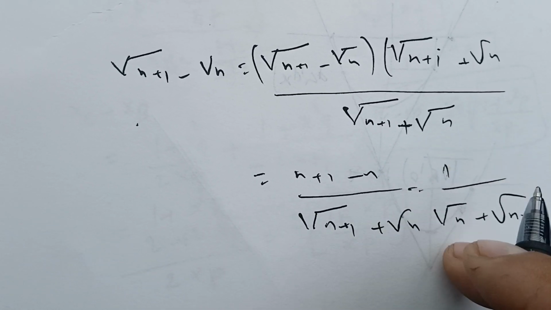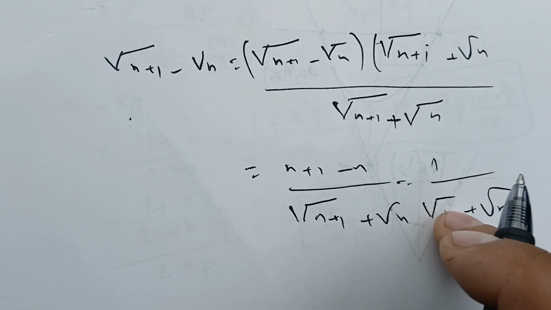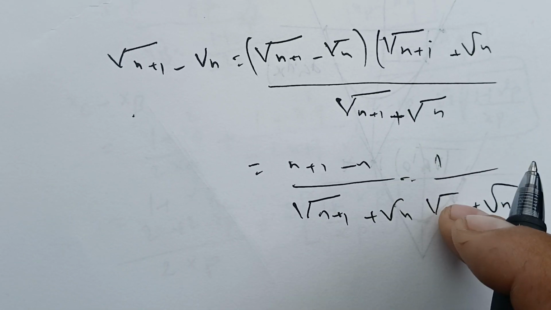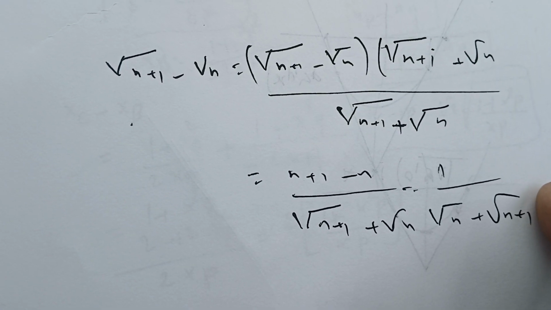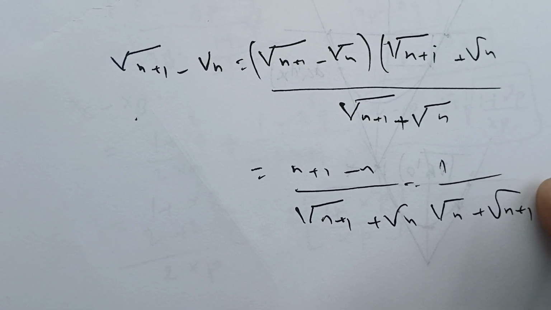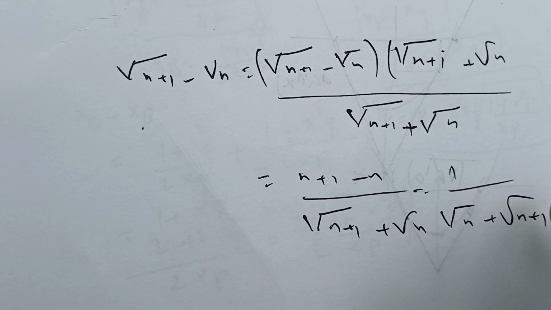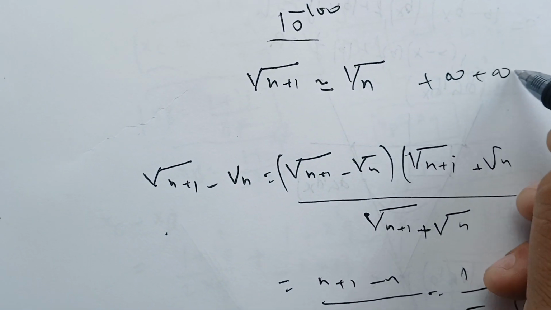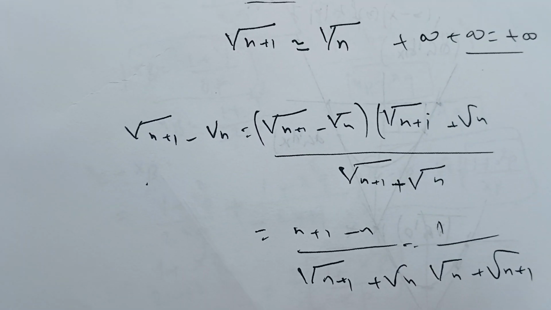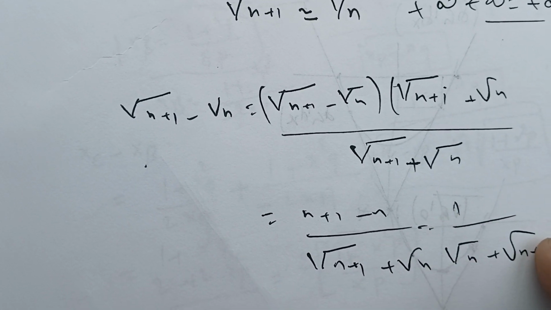This one plus this one goes to infinity, so 1 over infinity is 0. We can go quickly about this, because this one goes to infinity, this one goes to infinity, and 1 over infinity is 0.